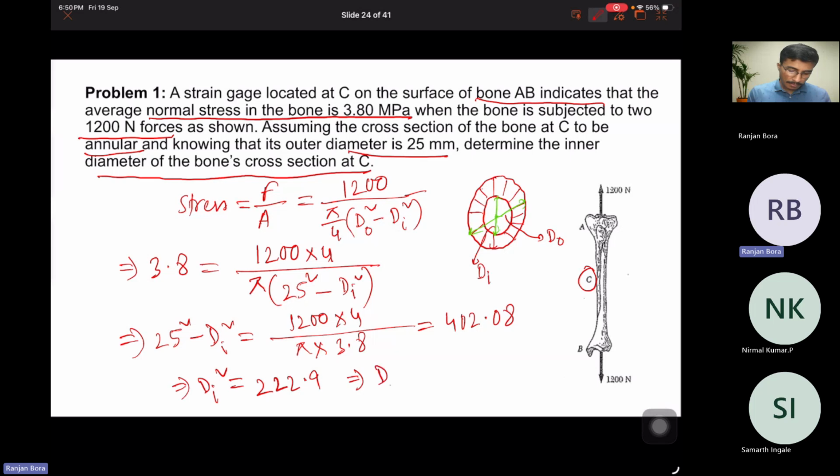From here, 14.9 mm. Okay, this is the answer.